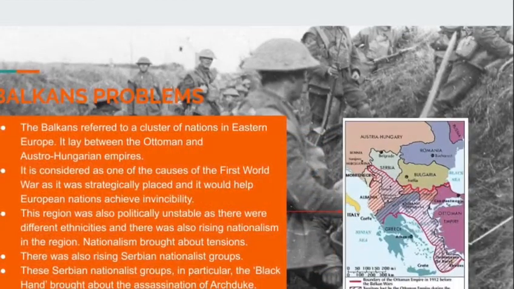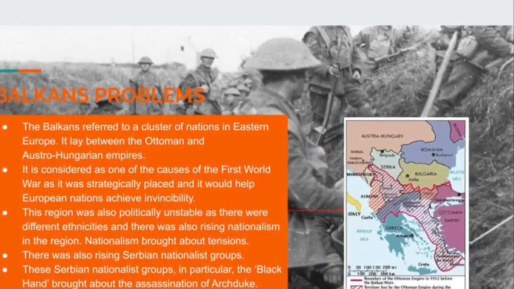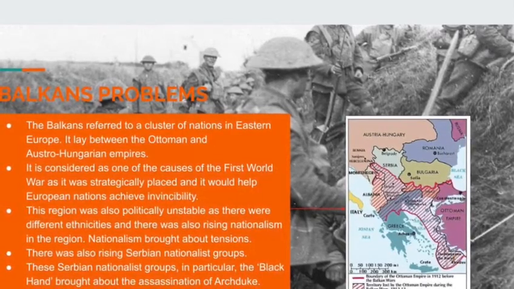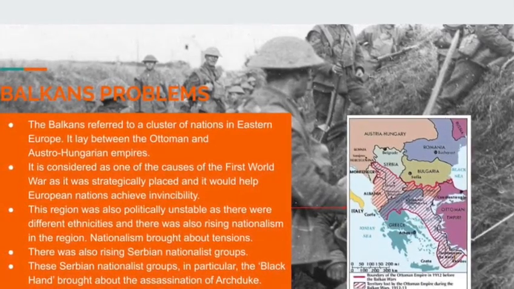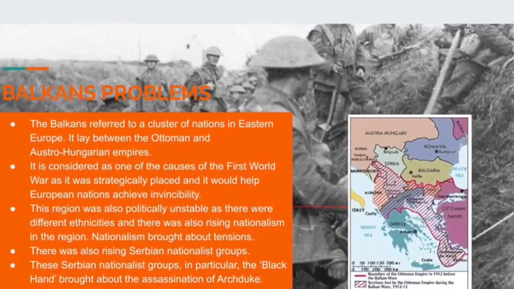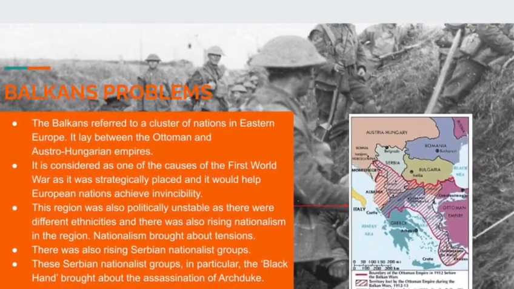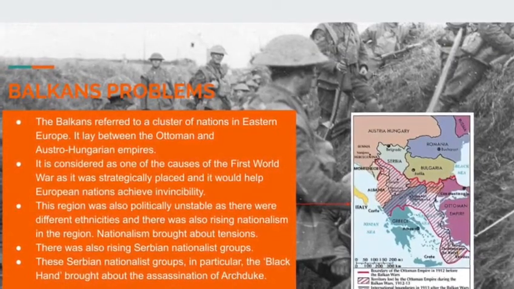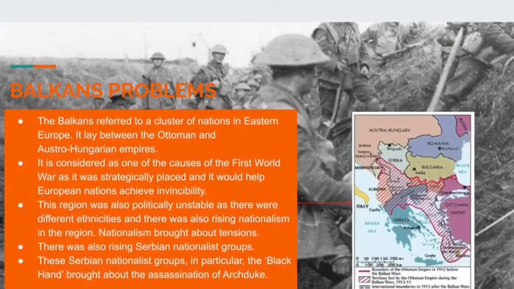Balkans problems. The Balkans referred to a cluster of nations in Eastern Europe. It lay between the Ottoman and Austro-Hungarian empires. It is considered one of the causes of the First World War, as it was strategically placed and it would help European nations achieve invincibility.